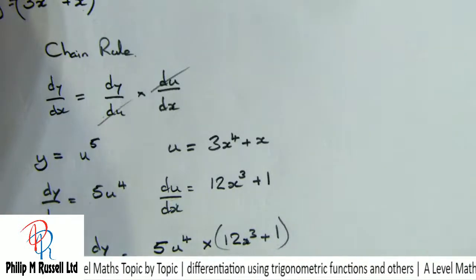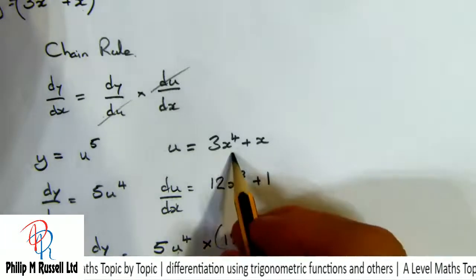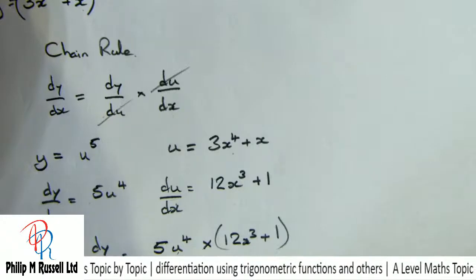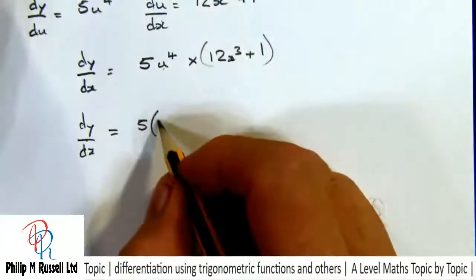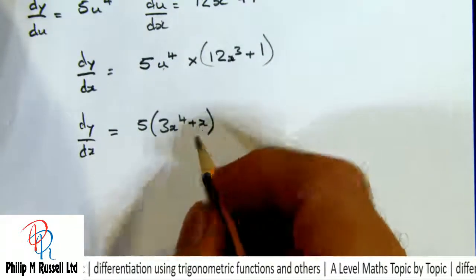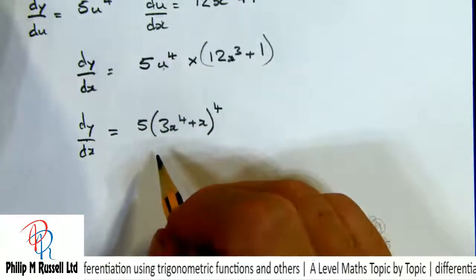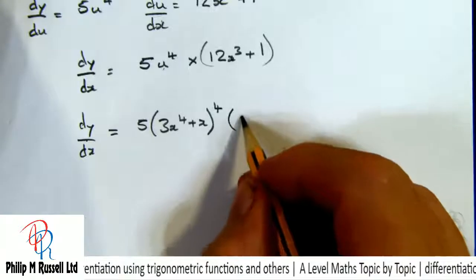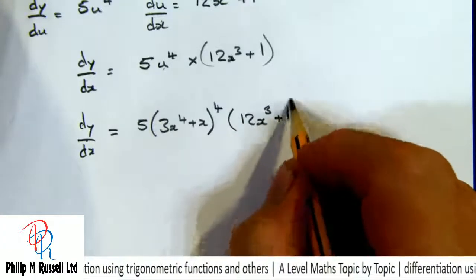And it's probably better I put that in brackets. Okay. Now I also happen to know that u is that, so dy by dx here is going to equal 5 whatever u was, 3x to the 4 plus x, to the 4, times 12x cubed plus 1.